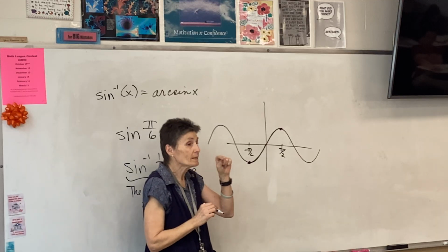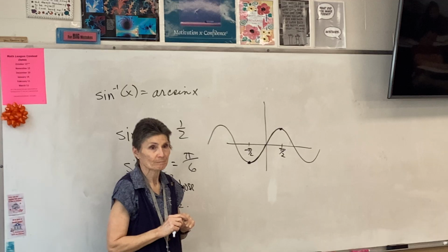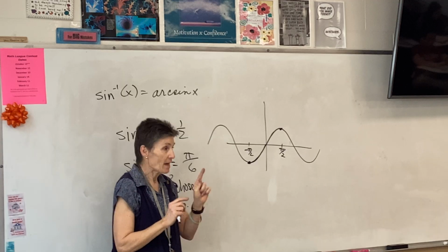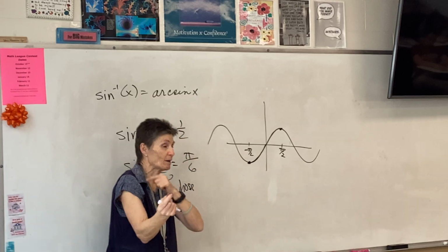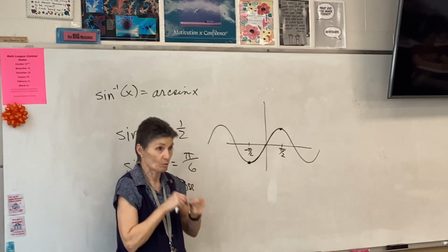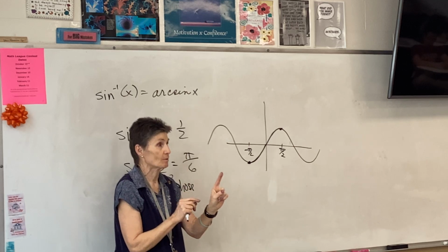Because if I only look at that part, now is it one-to-one? Yep. And that means that one input will give one output no matter which direction you're going. The original function and the inverse. You're going to get just one answer.